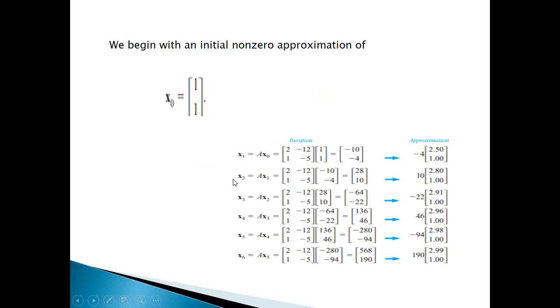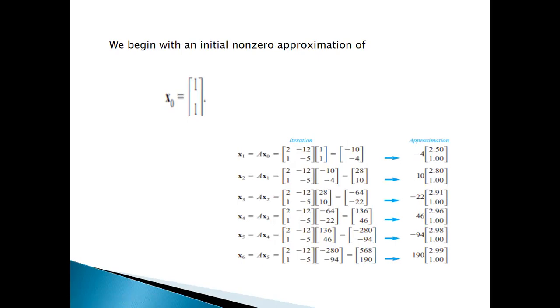Before moving to the iterative part, x naught is the non-zero approximation, a column matrix. So we start with an initial non-zero approximation, x naught equal to [1, 1], which has one column and 2 rows.